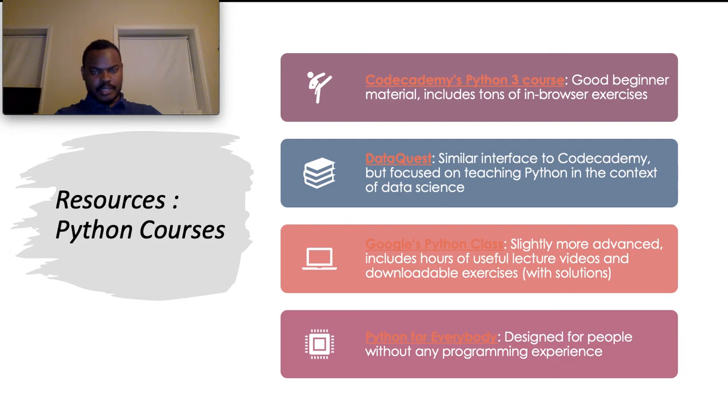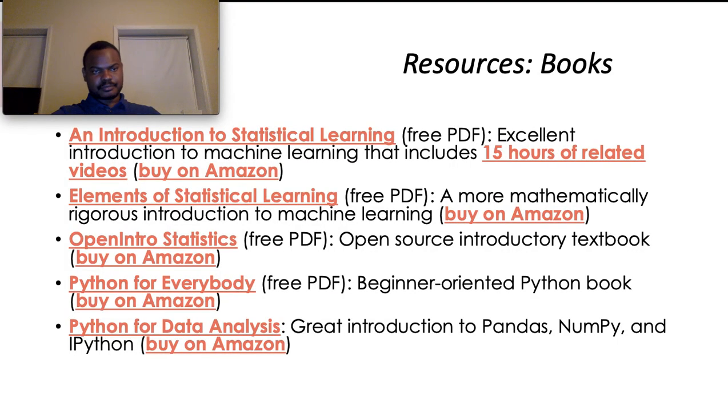You have Data Quest, which is a website that's focused on teaching Python as it relates to data science. There's the Google's Python class. It's a little bit more advanced, but includes hours of useful lecture videos and exercises. And finally, there's Python for Everybody. The same way we have this Data Science 101, designed for people without any programming experience.